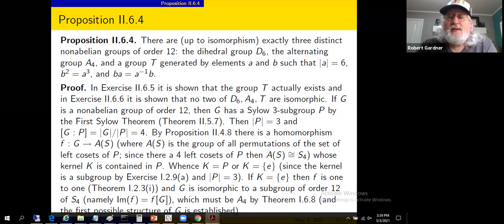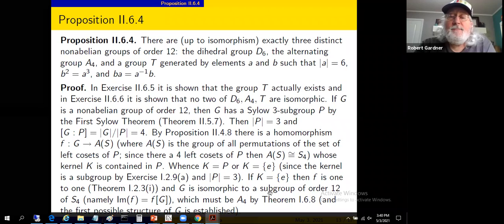And those 12 things would be isomorphic to a subgroup of order 12 of the symmetry group S4. Symmetry group S4 is of order 4 factorial, 24. So we're dealing with a subgroup of order 12 of this symmetry group of order 24.